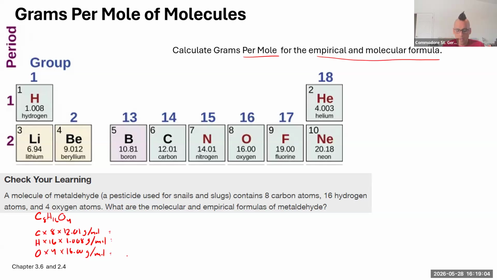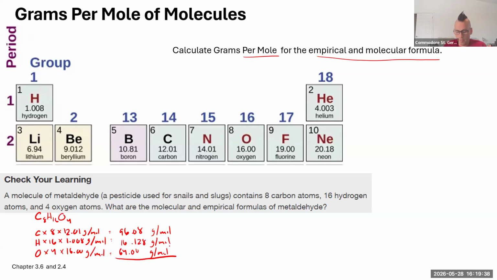Let's do the math. 8 times 12.01. I have 96.08 grams per mole. 16 times 1.008. I got 16.128 grams per mole. And I have 4 times 16, which is 64 grams per mole.